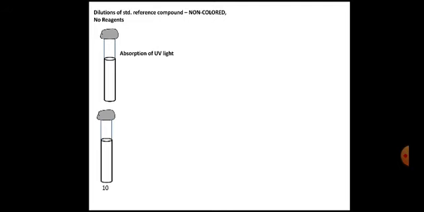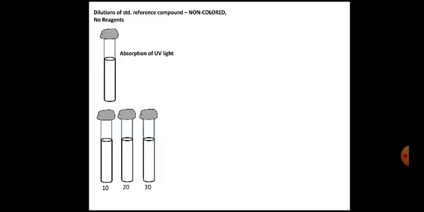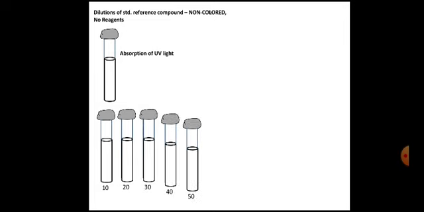Using the same instrument, we can determine absorbance of ultraviolet light by the desirable fermentation product. So the protocol is the same as we have seen in the earlier slides. You must have a standard reference compound. That standard reference compound is first diluted like this. These are the several dilutions in desirable solvent.